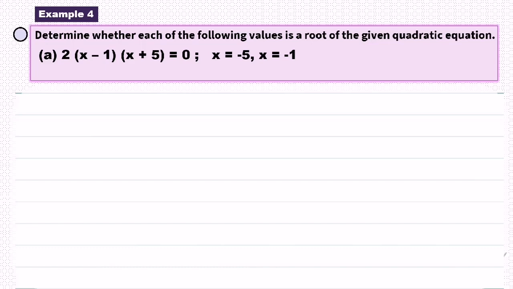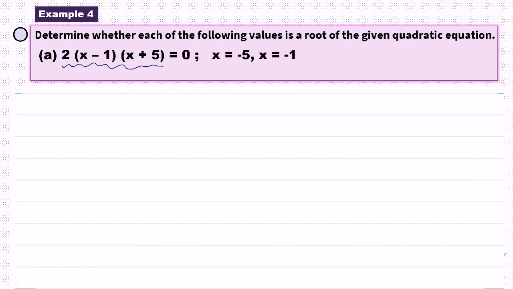Determine whether each of the following values is a root of the given quadratic equation. A: 2(x minus 1)(x plus 5) equals 0. Okay, now the question is, we need to expand this equation or not?